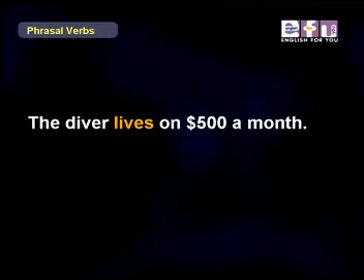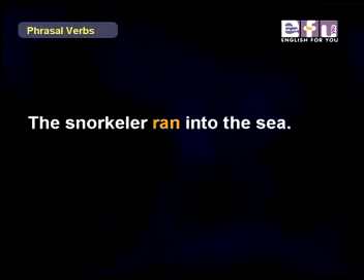In the second sentence, the diver spends $500 a month. That is his income. In the third sentence, the snorkeler entered the sea running. But in the fourth sentence, the snorkeler met an old friend by chance. To run into means he met someone maybe on the street.